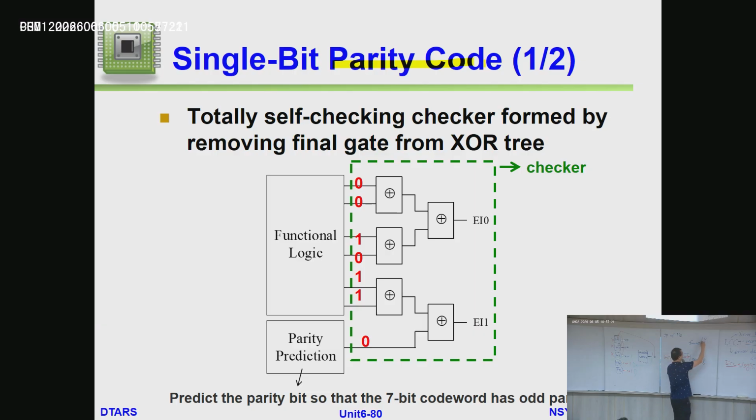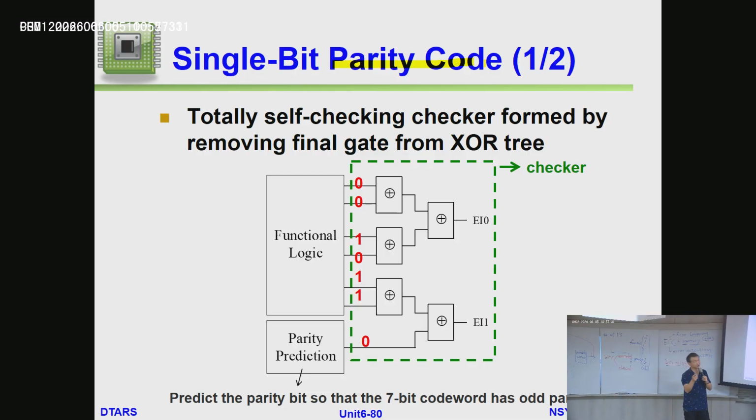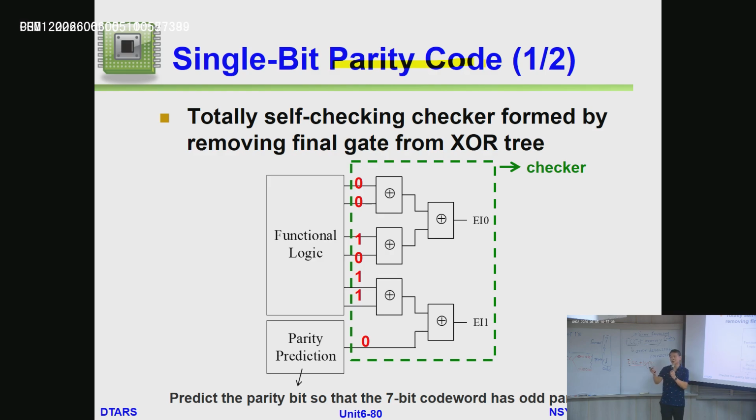So that this one, again, its parity is always odd. The parity bit is used to make sure that if your functional output is correct, its parity should be consistent. It is always odd, for example, here. Then that is our purpose.